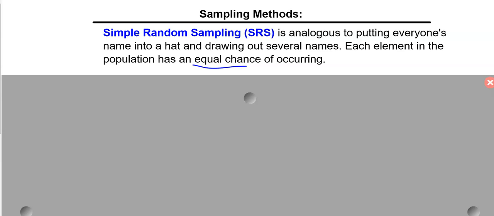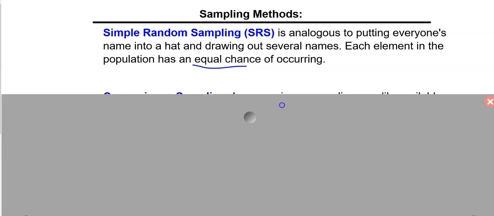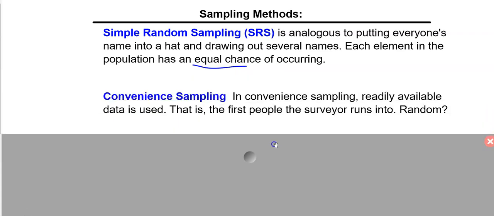It's not always possible, though. Let's say we're trying to measure the height of every woman in the United States. I don't have a list of every woman in the United States, so it's going to be hard to put all their names in a hat. Even if I could fit them all in a hat, it'd be a lot of names. We don't usually have a list of everyone to go from, so that's not always possible.